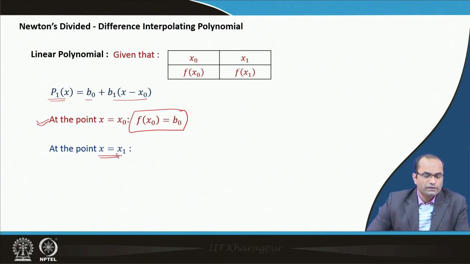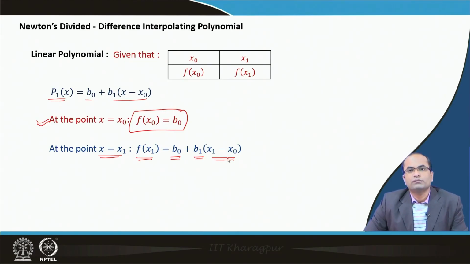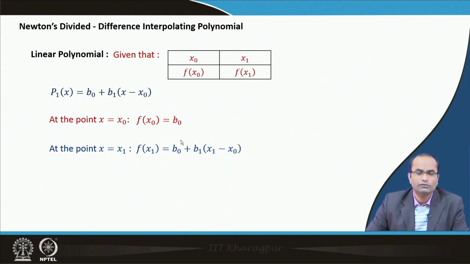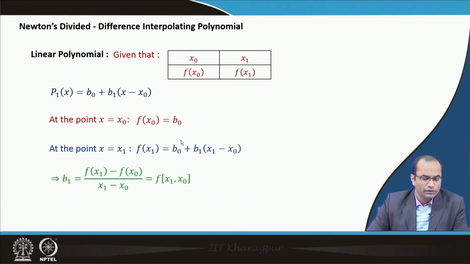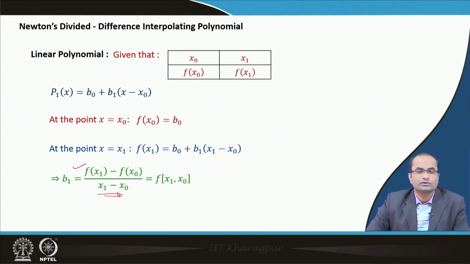So, at the point x is equal to x 1, when we substitute, we will get f x 1 is equal to b naught plus b 1 times x 1 minus x naught. So, from here we can get b 1 as usual, and the b 1 will be f x 1 minus f x naught over x 1 minus x naught.